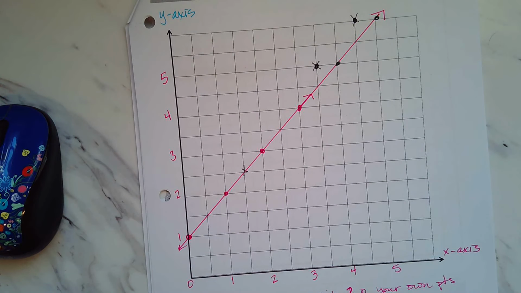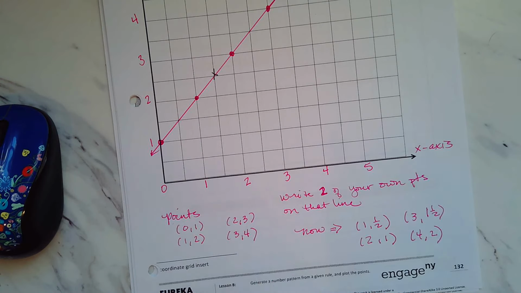Now, I want you to add halves. I want you to go through and add halves to your coordinate system here. So I want you to label the interval with halves. Go ahead and do that.